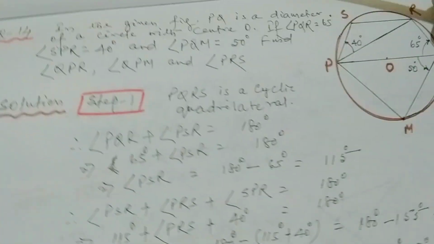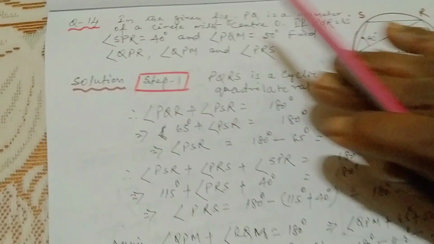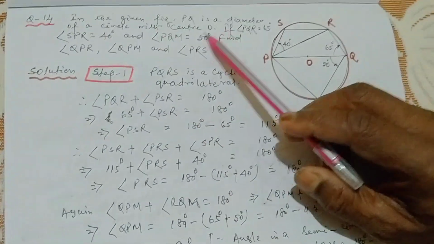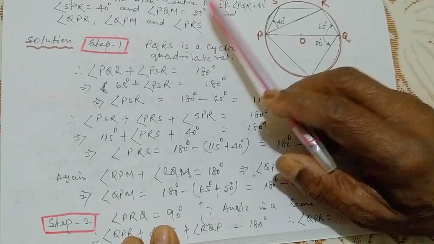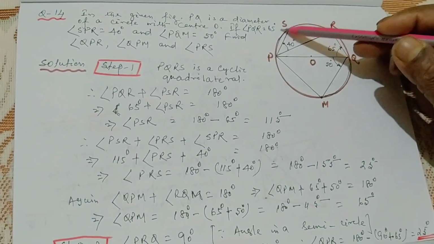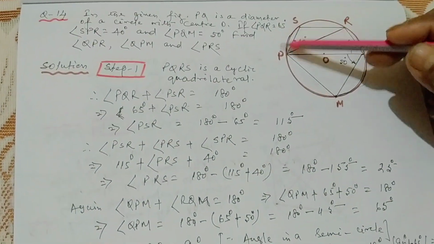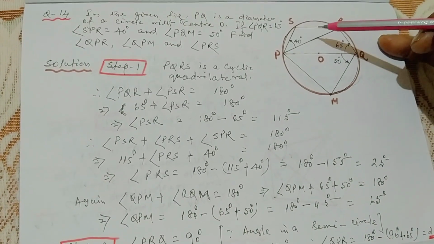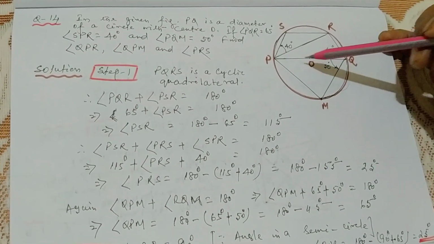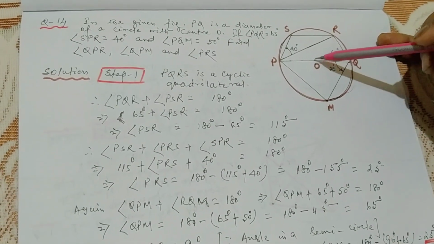Question 14. In the given figure, PQ is the diameter of a circle with center O. You just see this diagram is a circle, and PQ is the diameter of the circle, where O is the center of the circle.